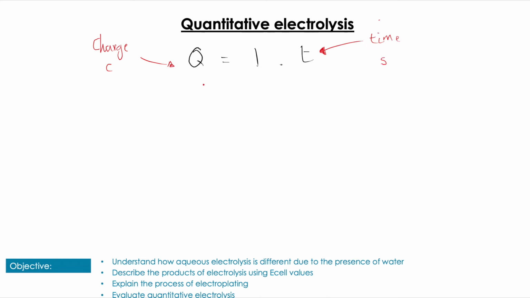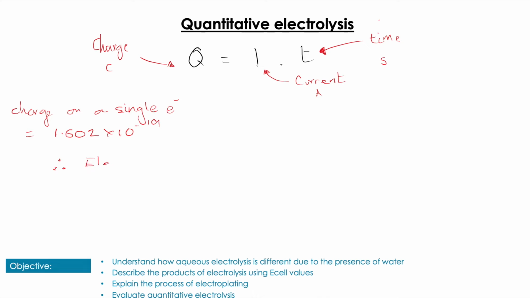We can use this equation if we want to quantify the exact amount that we are going to expect to produce an increase or decrease in the mass of an electrode, especially when we consider the charge of an individual electron. This is given in table 2 of your data booklet, which is 1.602 times 10 to the minus 19.